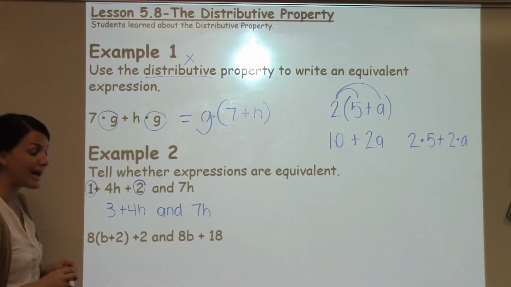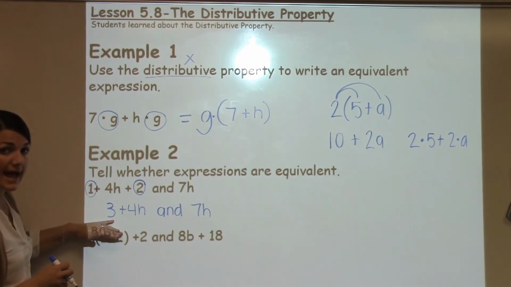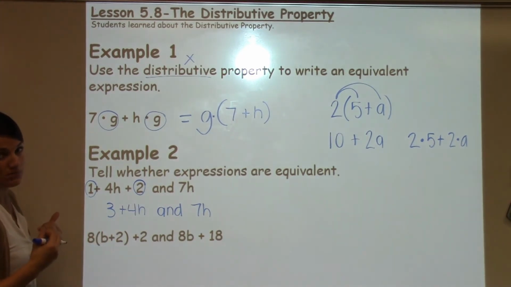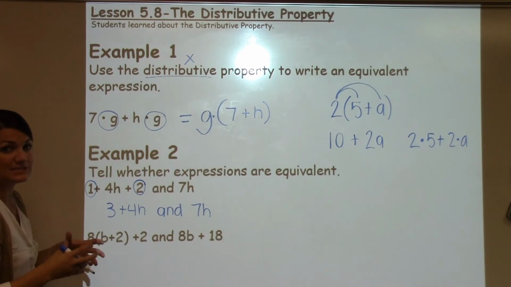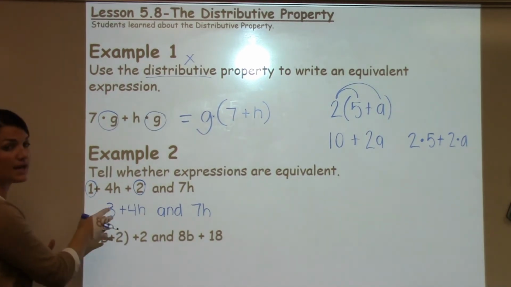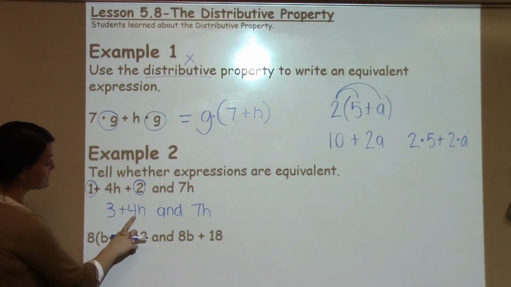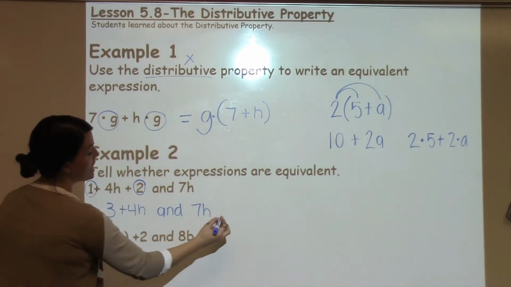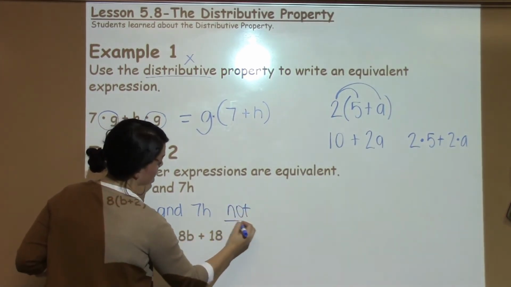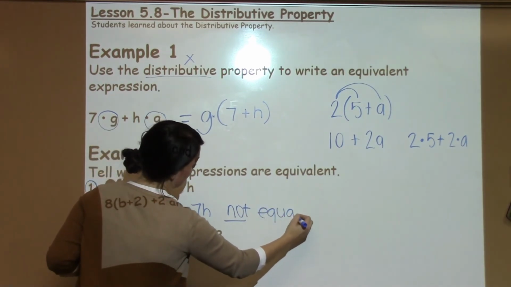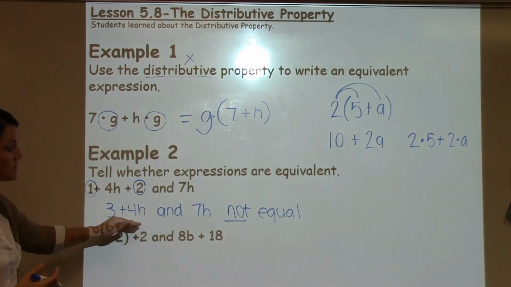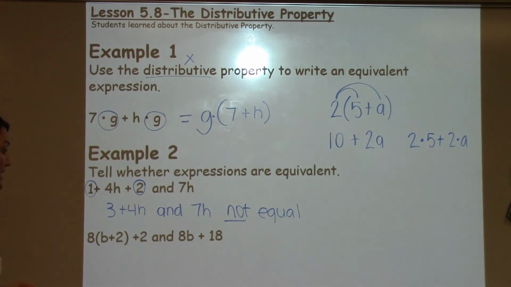The reason that they are not alike is because 3 does not have an h attached to it. So it actually is a separate term. 4h has to stay alone as well unless there were another number that had h with it. So these two, 3 plus 4h and 7h, are not equivalent or not equal because I cannot combine like terms anymore with that 3 plus 4h.